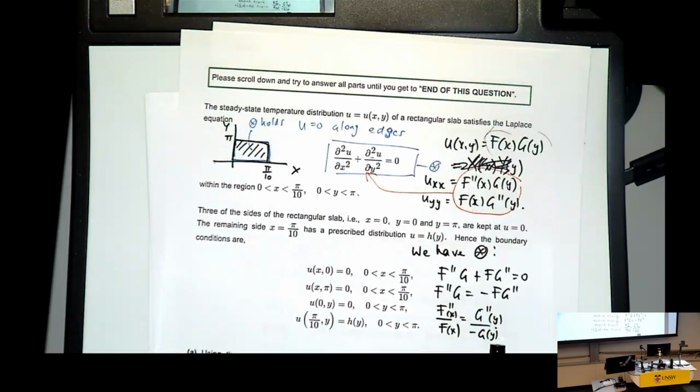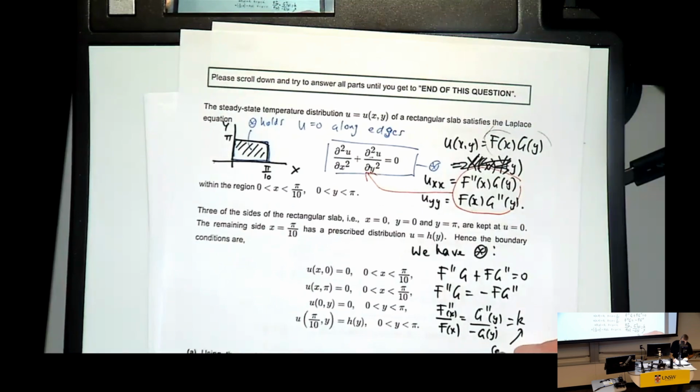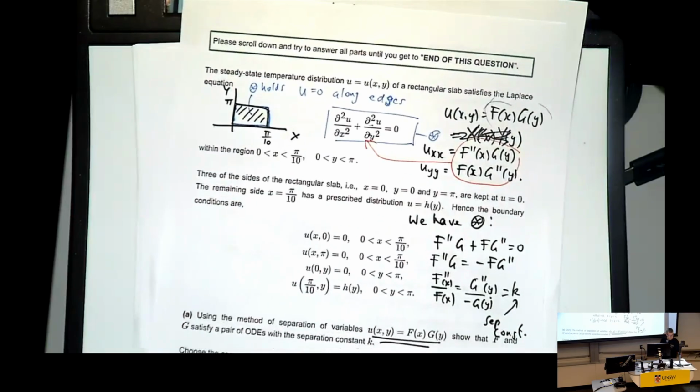Because if you vary x, you're varying the left-hand side, but the right-hand side isn't varying. So how can you vary one side and not have the other thing vary if they're equal? The only explanation is you have a separation constant. Okay? I'll call it K. Separation constant.